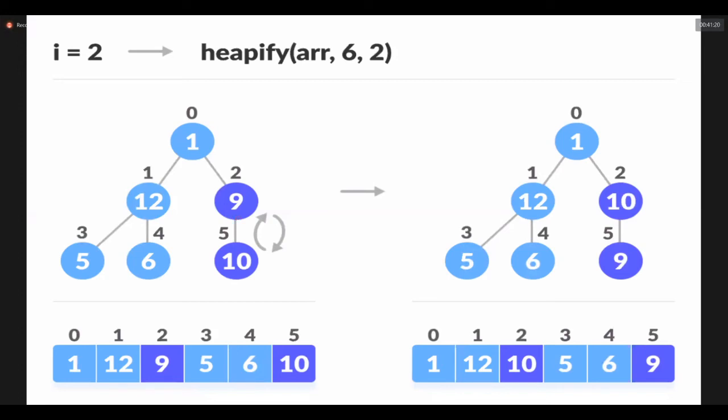That point is found by using the n by 2 minus 1 concept, for a complete balanced binary tree. We find the last non-leaf node which has children by using the n by 2 minus 1 formula.